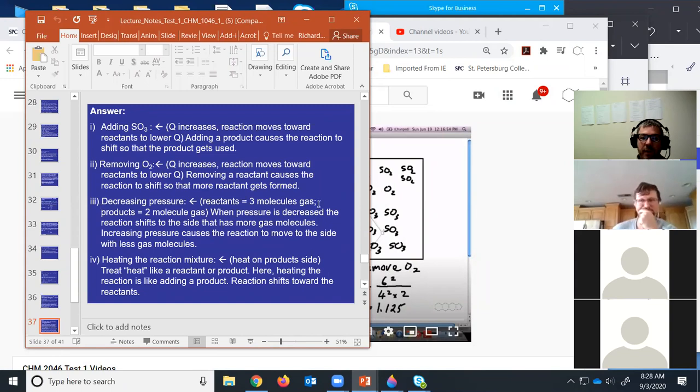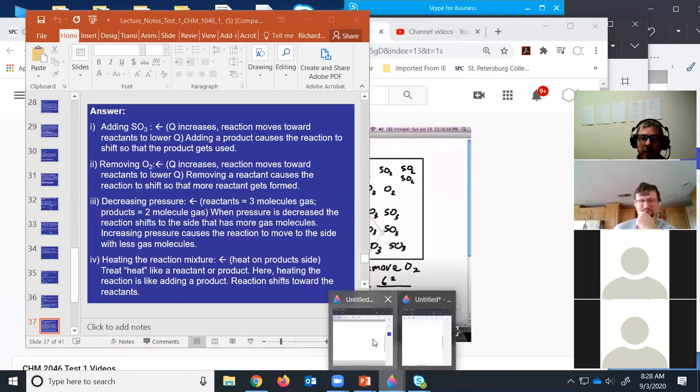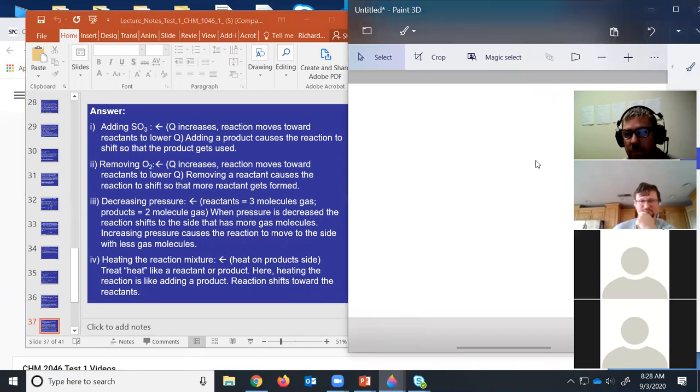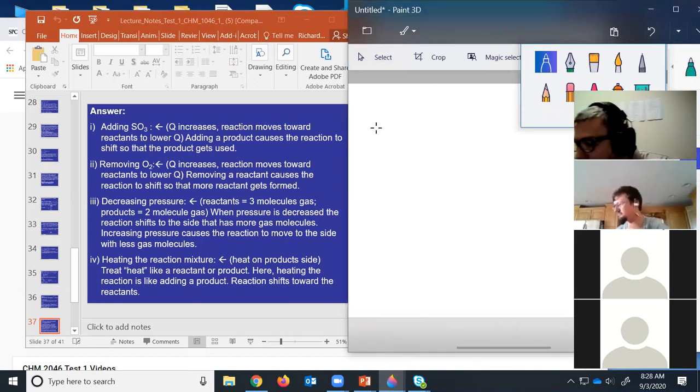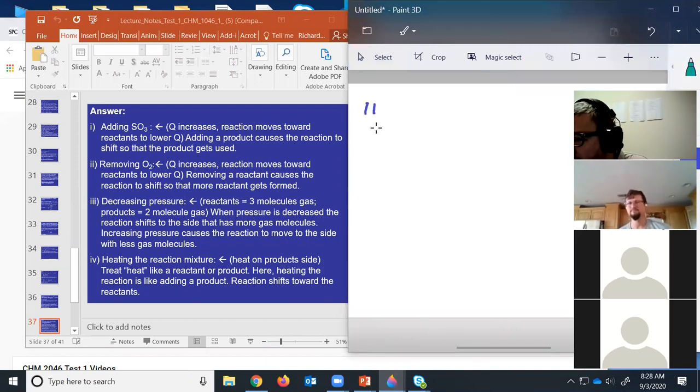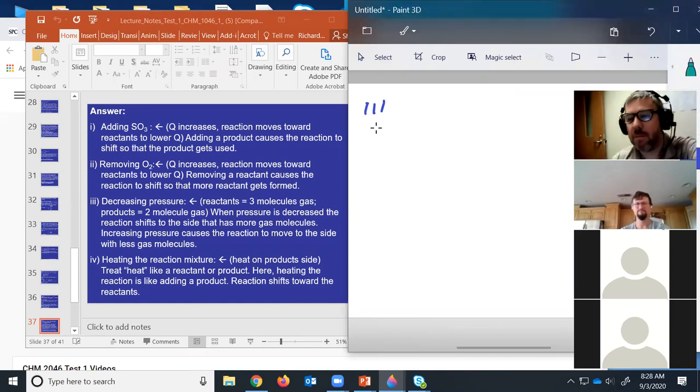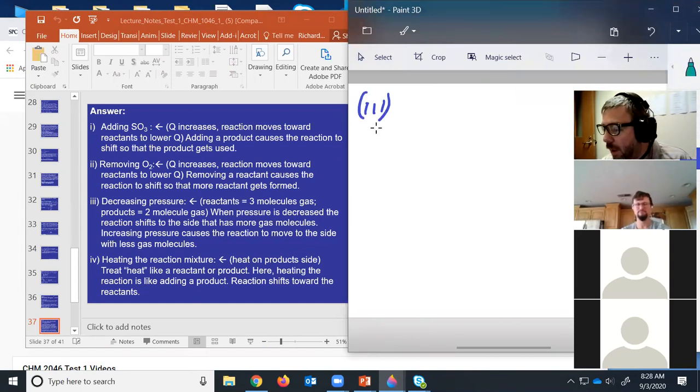Now, question 3 here, let me get my drawing pad here. Now, this 3 can be one of 4 things. It could be increasing pressure, decreasing pressure, increasing volume, or decreasing volume.